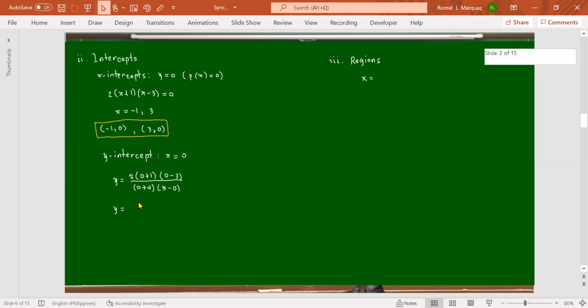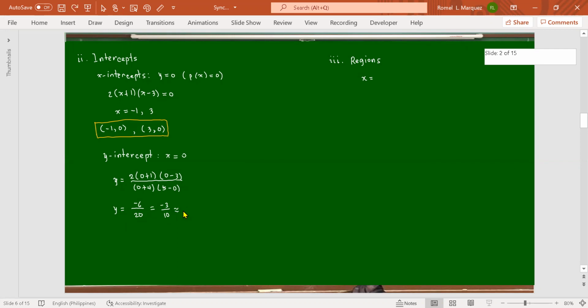Negative 6 over 20. What is that when simplified? Negative 3 over 10. Approximately negative 0.3.